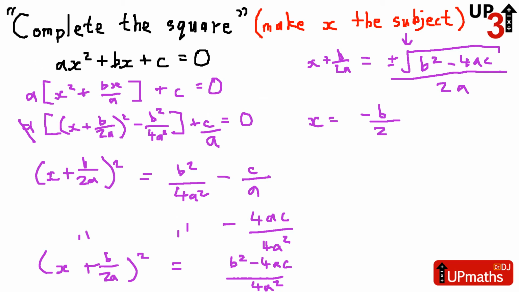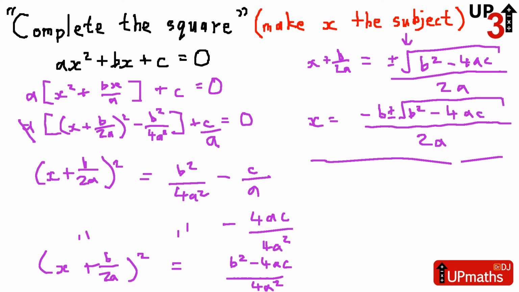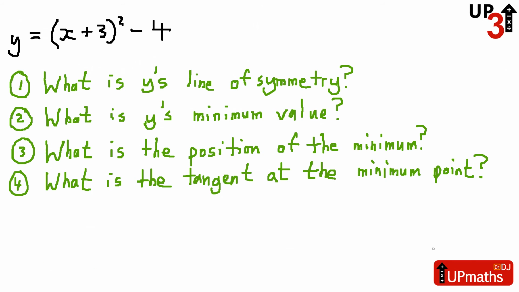Oh, wait a sec, it's going to be the same thing underneath, so let's save time. We'll combine the fractions straight away. Minus b plus or minus the square root of b squared minus 4ac. Look at that. Interesting. So that's how complete the square can be used to show that equation, which I think probably most of us are familiar with.